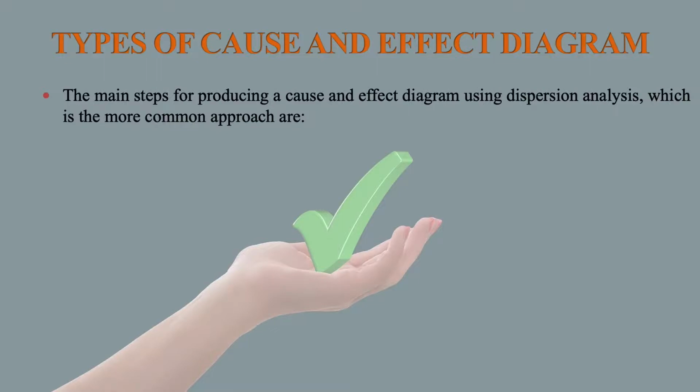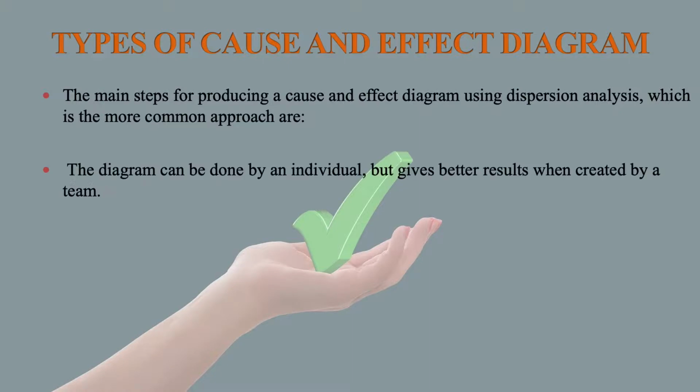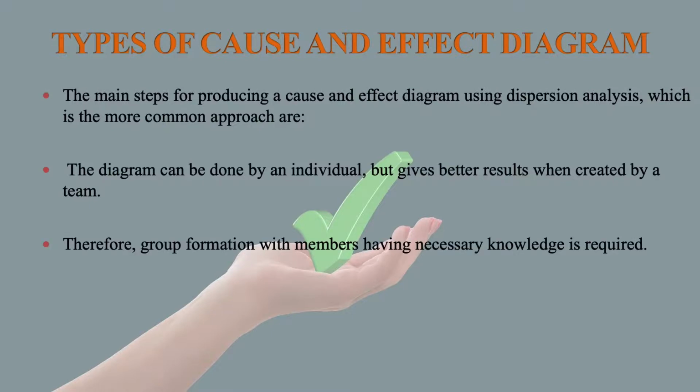The main steps for producing a cause and effect diagram using dispersion analysis, which is the more common approach, are as follows. The diagram can be done by an individual but gives better results when created by a team. Therefore, group formation with members having necessary knowledge is required. Mention clearly the effect for which causes are sought.